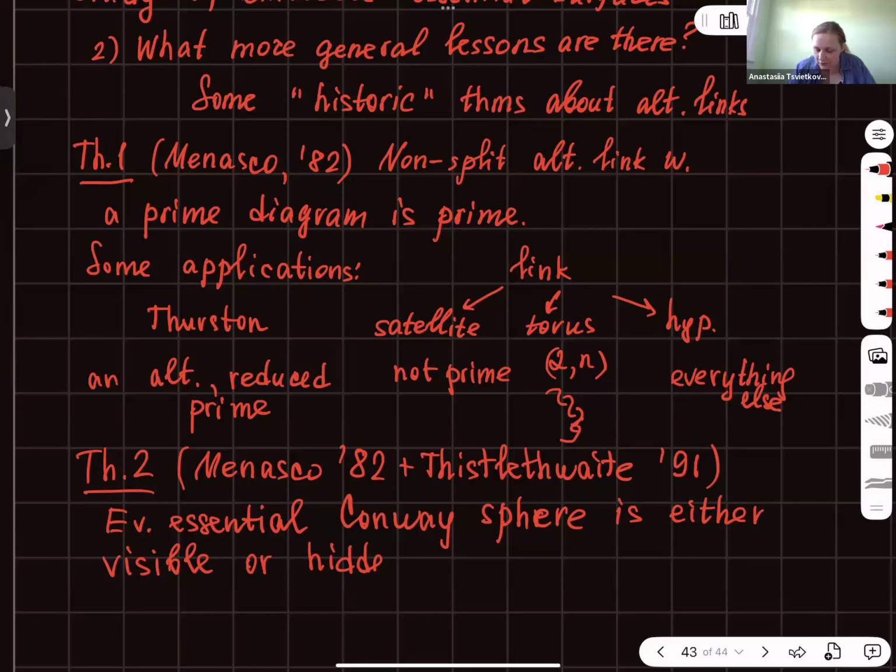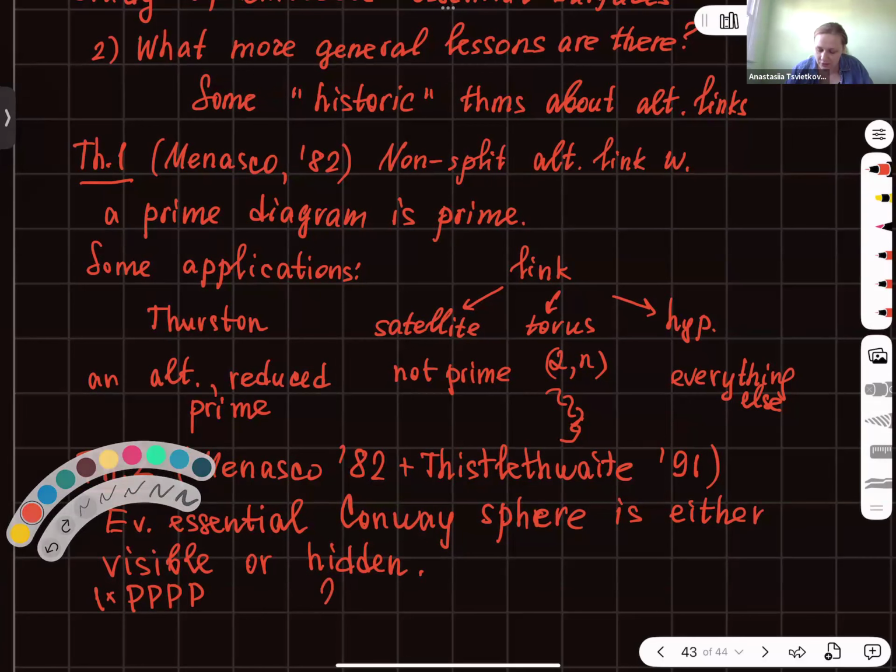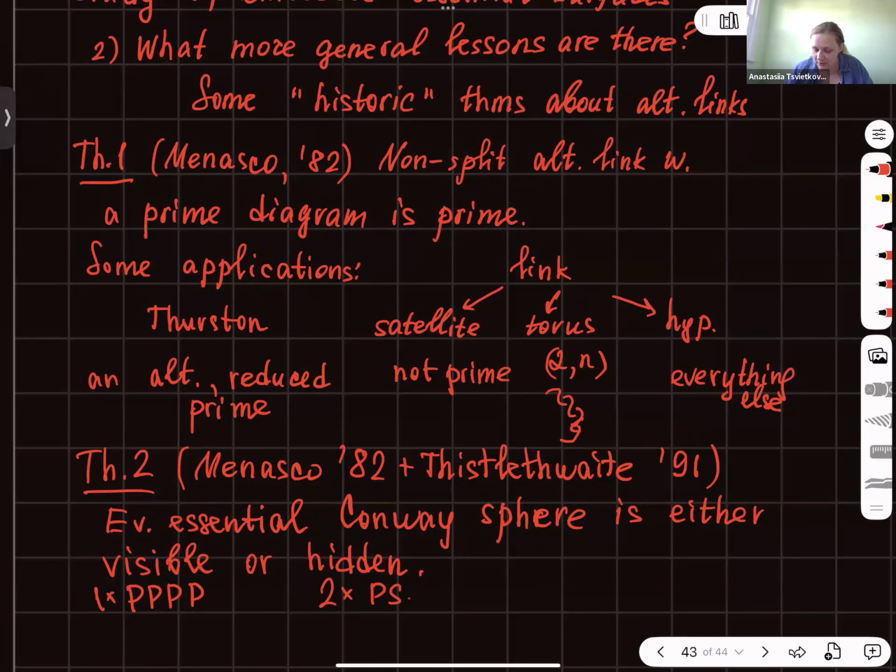Those of you who are familiar with standard position for surfaces know that visible is where you can draw just a curve intersecting the link diagram 4 times. It's called a PPP curve. Hidden is where you can draw 2 curves going through a saddle. The saddle is at a crossing, the puncture is at an edge: saddle, puncture.